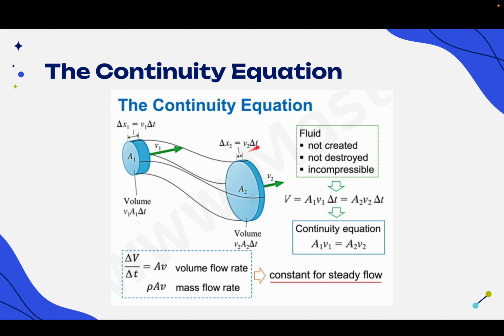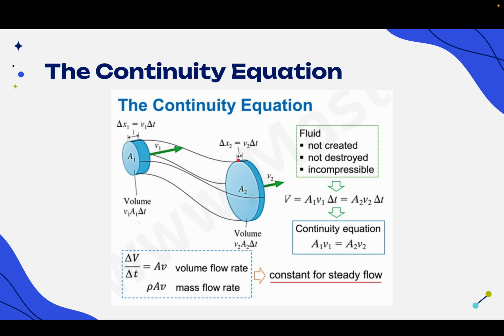So we do the same thing here: delta t times v2 is equal to delta x2. This represents the small gap around here. We multiply the same interval of time with the velocity of the fluid here to get this little gap.